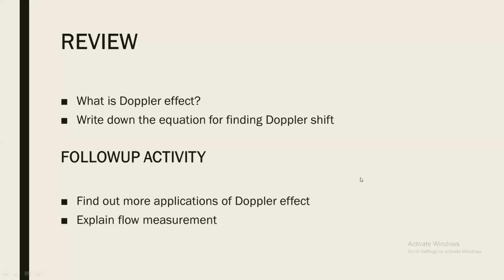Now, the follow-up activity is to find out more applications where Doppler effect is employed. And the second one is, explain flow measurement. This is a typical term associated with Doppler effect, and you can explain this term.